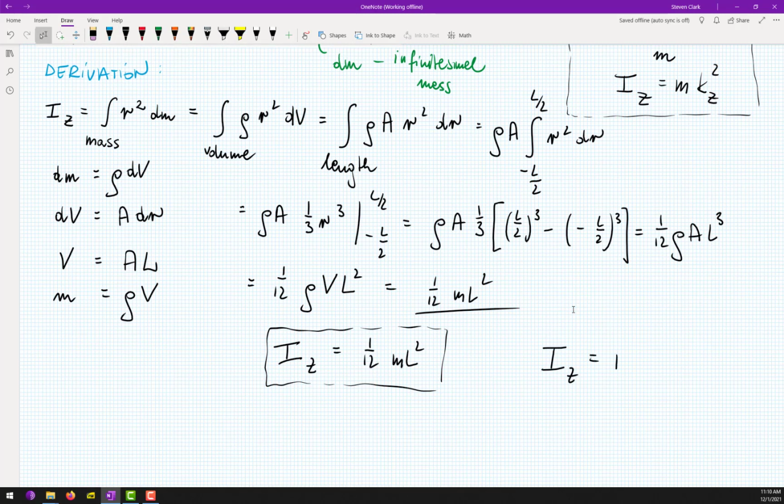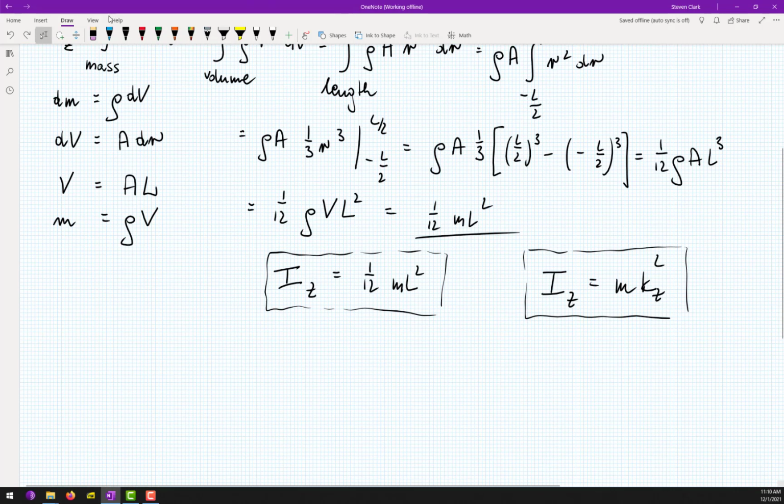So we are just going to use this definition for Kz, and we are just going to equate the right-hand sides of these two expressions. This one with this one. All right. So let's do 1/12 mL squared is equal to m kz squared.